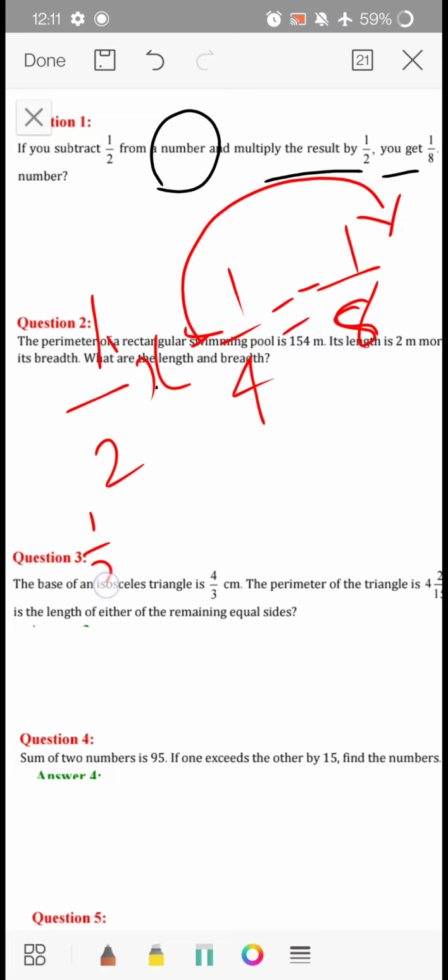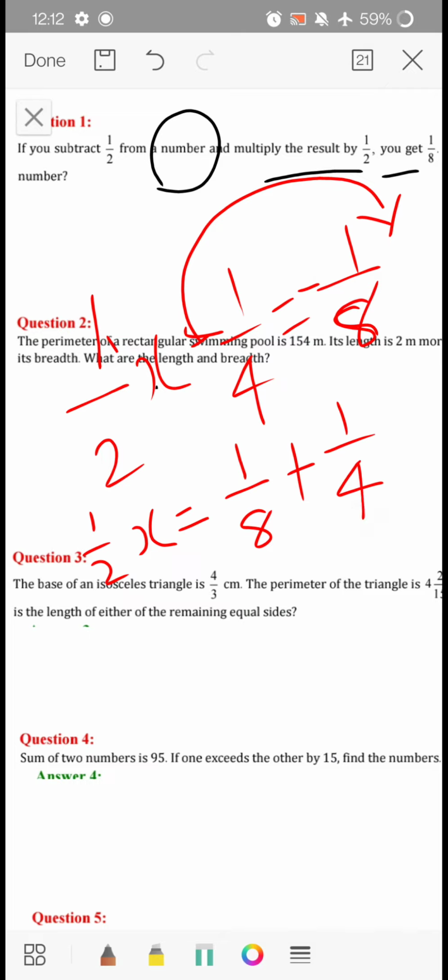So you will get 1 upon 8 plus 1 upon 4. Make sure you do not make any mistake in this transpose. Here you are transposing this 1 upon 4. Whenever you transpose, if it is a subtraction, then it will be addition, or if it is addition, then it will be subtraction. और यहाँ पर ट्रांसपोज आप 1 upon 4 कर रहे हो, so you will not change the sign of 1 upon 8.